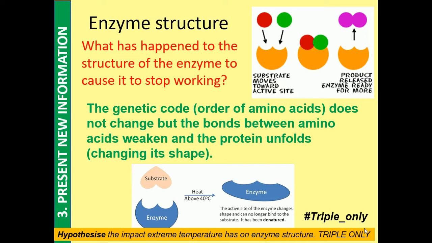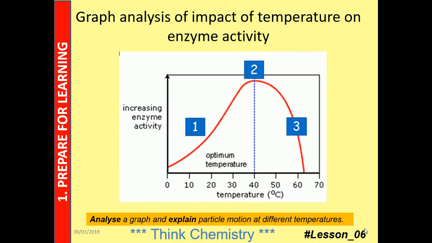But as the protein was made, it kind of folded up on itself, and there were bonds between those amino acids, and they've weakened. So the protein is unfolded, which changes its shape, changes the shape of the active site. That's really high level information there, so don't worry about that too much unless you're looking at triple science.